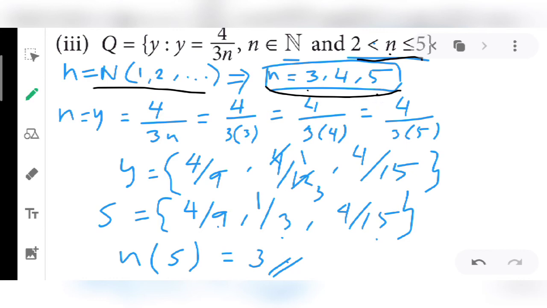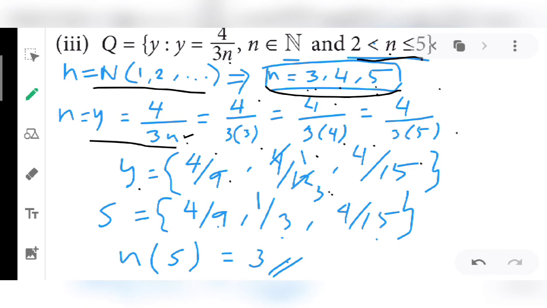Okay. Now considering the equation y is equal to 4 by 3n, which is the given equation here. We substitute the values of n, which are 3, 4, 5, in the equation 4 by 3n. In the n place we substitute these values. By that we have 4 by 3 into 3, 4 by 3 into 4, and 4 by 3 into 5, which solve to give the set 4 by 9, 1 by 3 (4 by 12 is cancelled to 1 by 3), and 4 by 15.